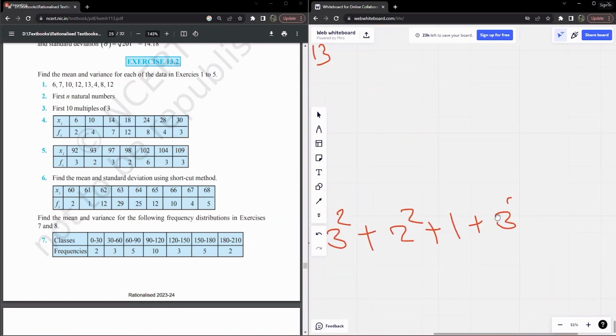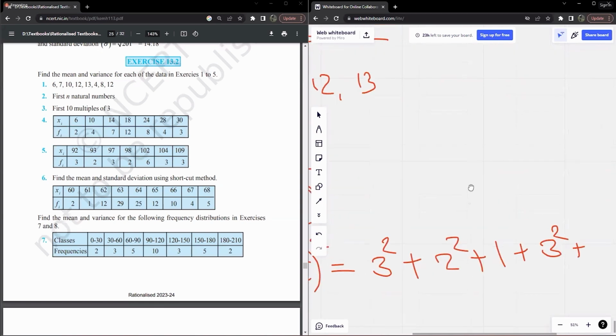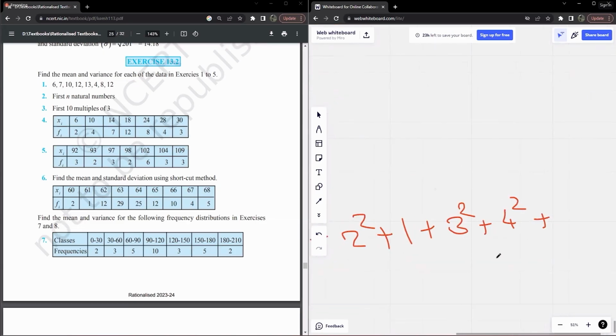Then you have 13 minus 9, that is going to be 4 square.